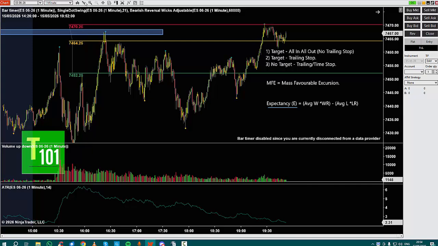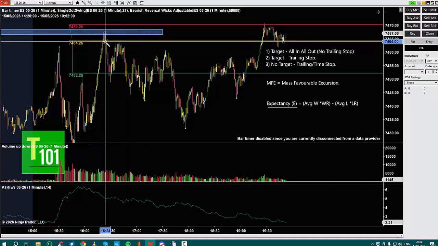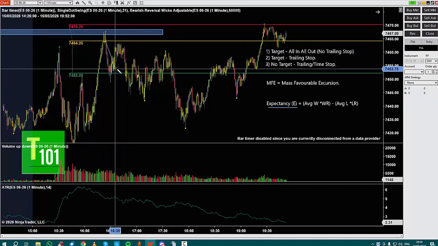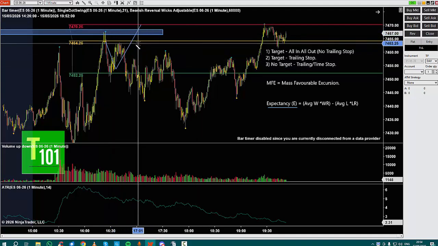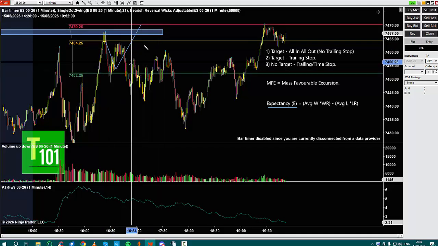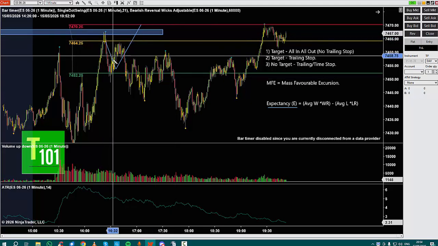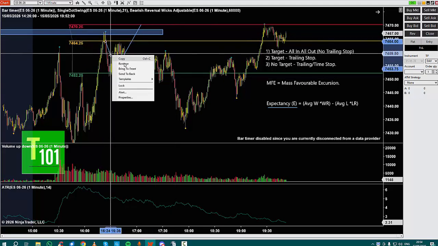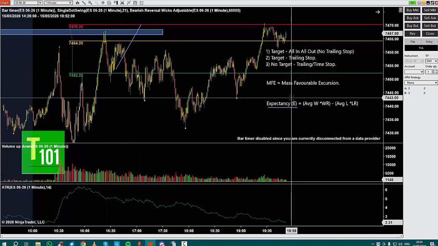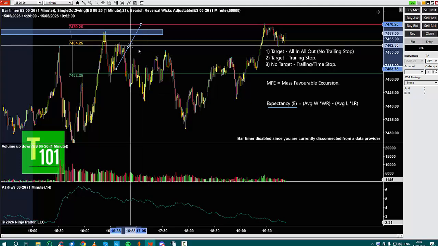And the other 5 do whatever they do, and even if it goes here but doesn't hit the target and goes here, that's just a loss. It doesn't matter what happens in this space between here and here. What matters is whether this line gets hit before this line, or this line gets hit before that line upon entering. 5 and 5, as we just did, gives us a 0.5 expectancy.